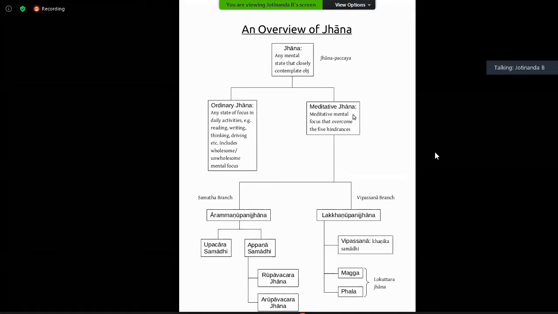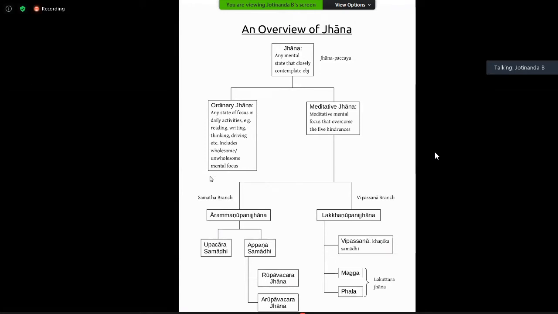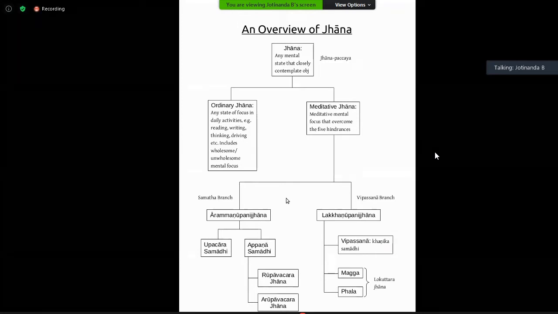Now, meditative jhana can be further divided into two kinds. For lack of better words, I just say samatha branch and vipassana branch. These are names that I give myself. Under the samatha branch, we have what is called arammanupanijjhana. Under the vipassana branch, you have lakkhanupanijjhana.